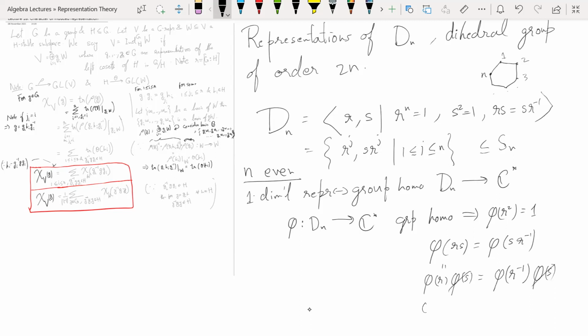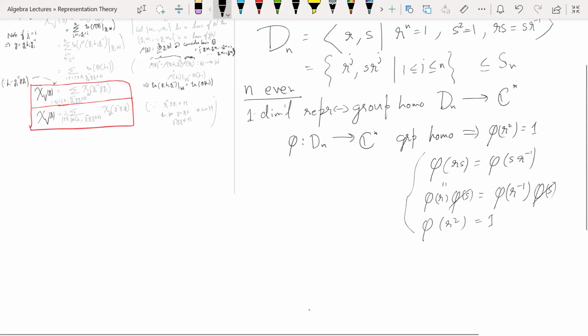So what you get is phi R square is 1. So R square has to go to 1. So R has to go to plus or minus 1 in C star. Can't go to anything else. So there are 4 ways of doing this.